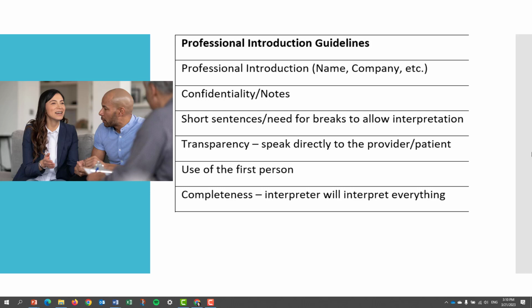The professional introduction is basically a way to let both the provider and the patient individually know who you are, what your role is, your responsibilities as an interpreter, but it also gives them instructions on how to make the encounter as smooth as possible with the interpreter present.